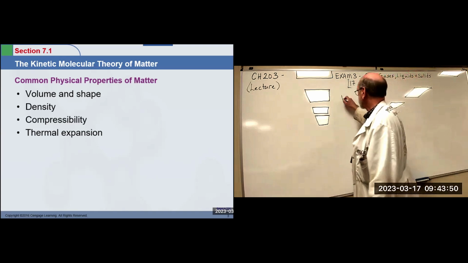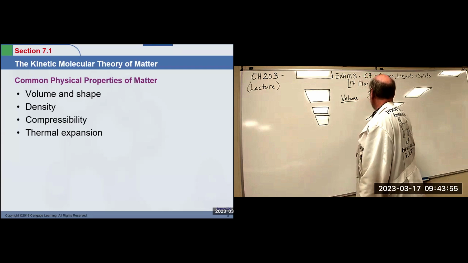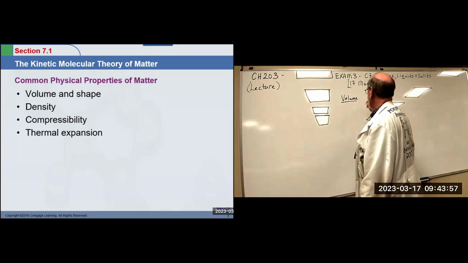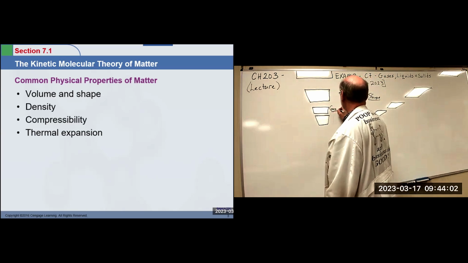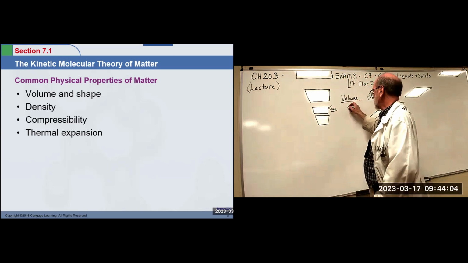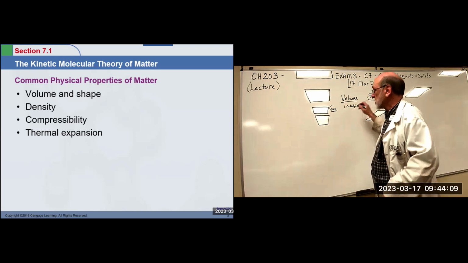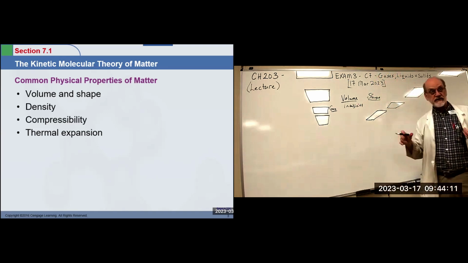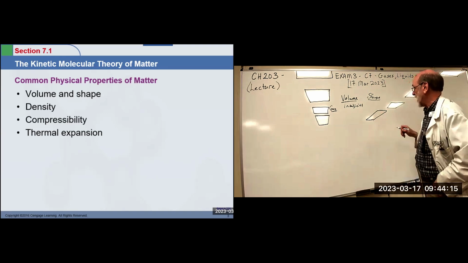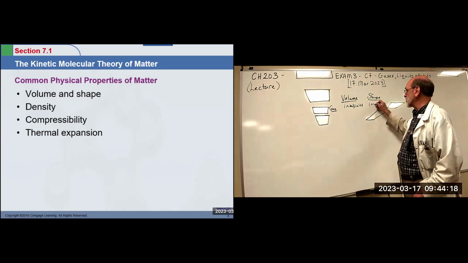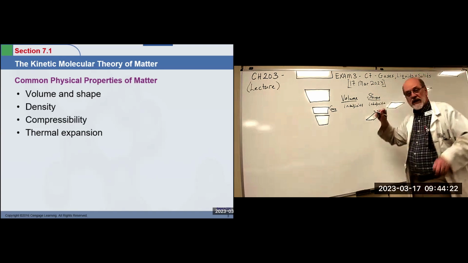So volume and shape, what we mean here is for the gases, there's indefinite volume. In other words, the gas occupies the space that is given, and it'll expand or contract based on that. And it also has an indefinite shape. It will assume the shape of the container.